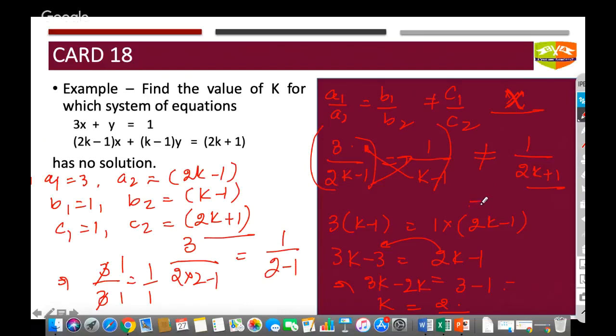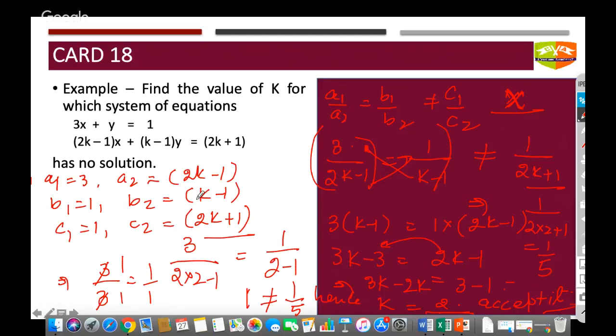And what is this? If I put 2 here, this is 2 into 2 plus 1, which is 1 by 5. So now I can say that 1 by 1, which is 1, is not equal to 1 by 5. Hence, k is equal to 2, I can accept it. So this is how you have to solve the question.